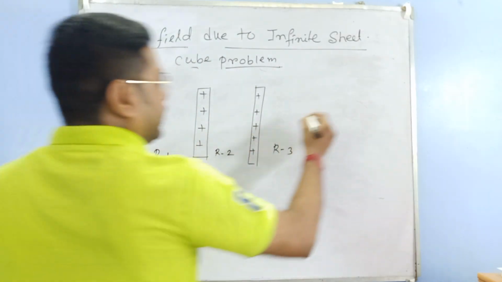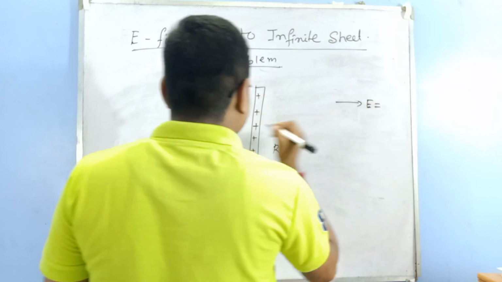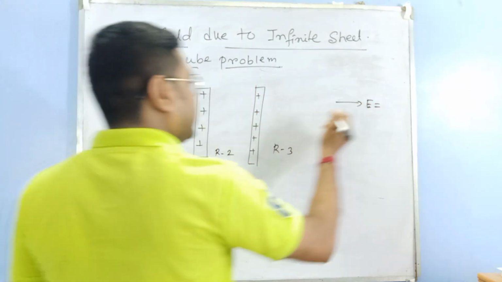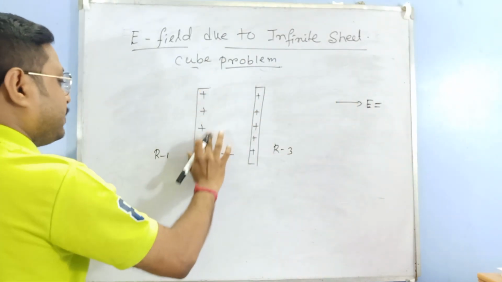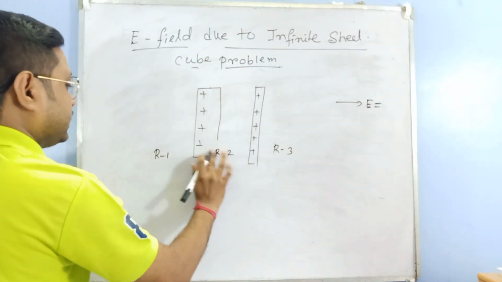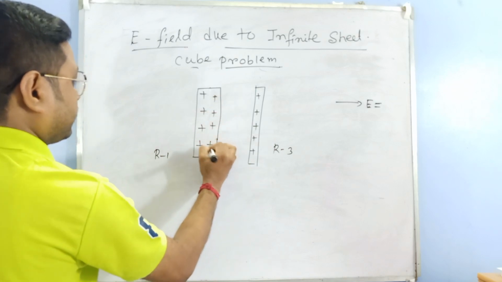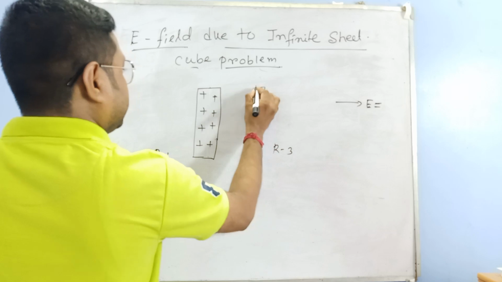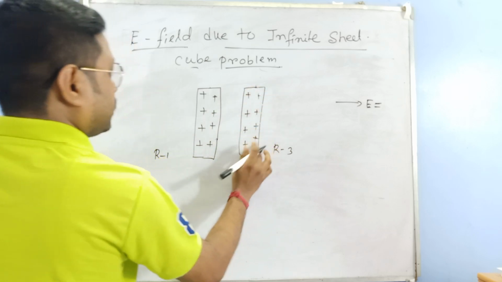Sorry, this is not an infinite wire, this is a plane sheet. If you consider this a plane sheet, it is considered to be a sheet.